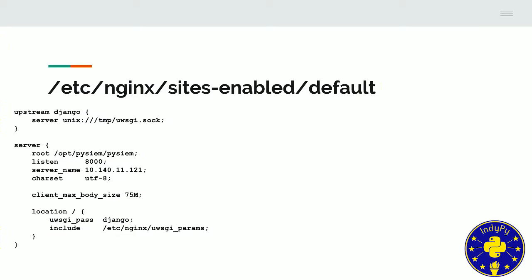And so then if we look at our sites enabled, it's symlinked in the repository that I'll open up once we're done here, to look at a socket connection for our Django server, and then we are hosting our uWSGI parameters in our Nginx folder.